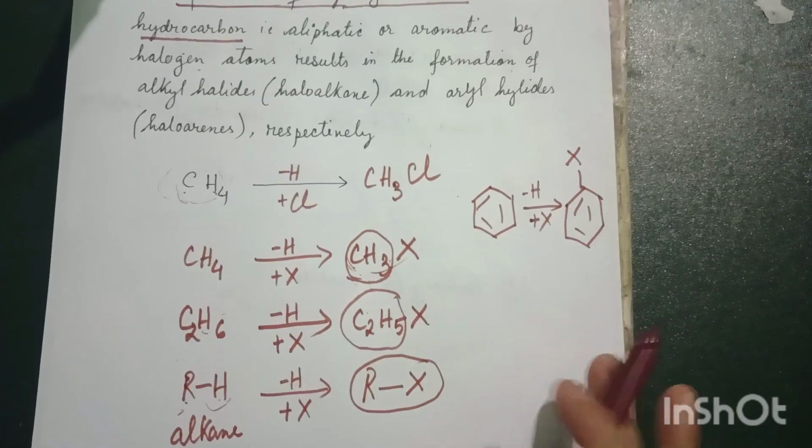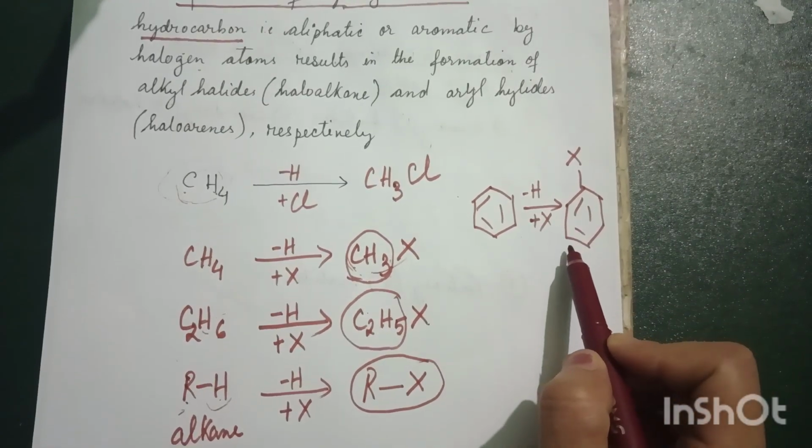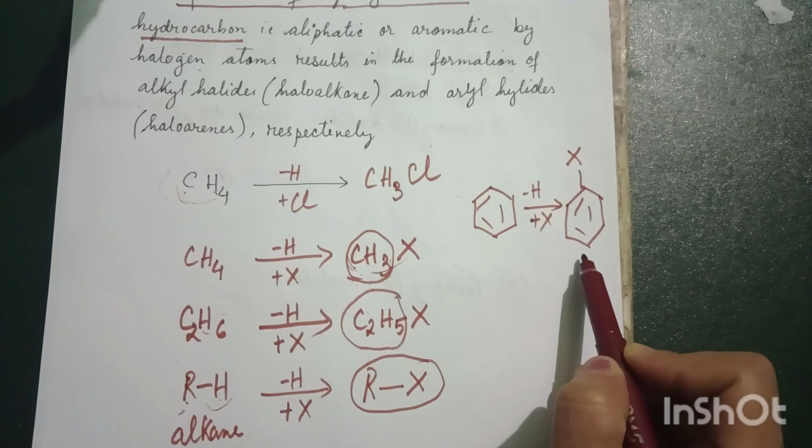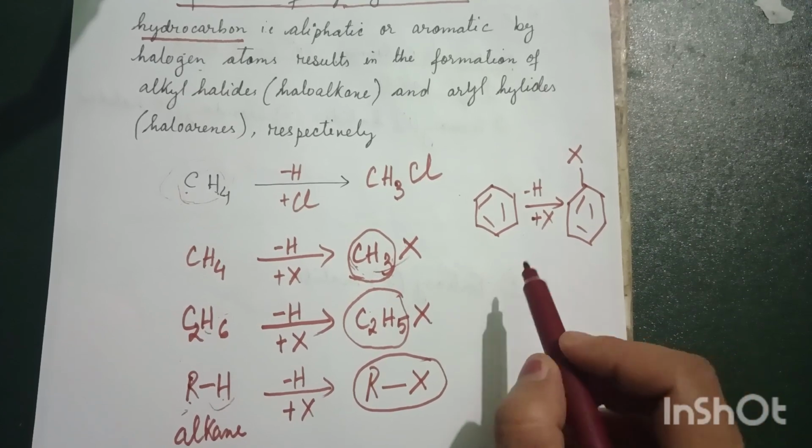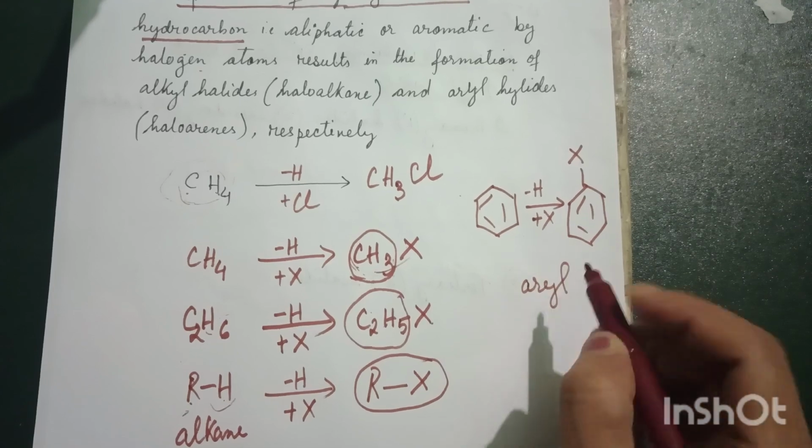So according to IUPAC, this is haloarene, and according to the common name it is aryl halide.